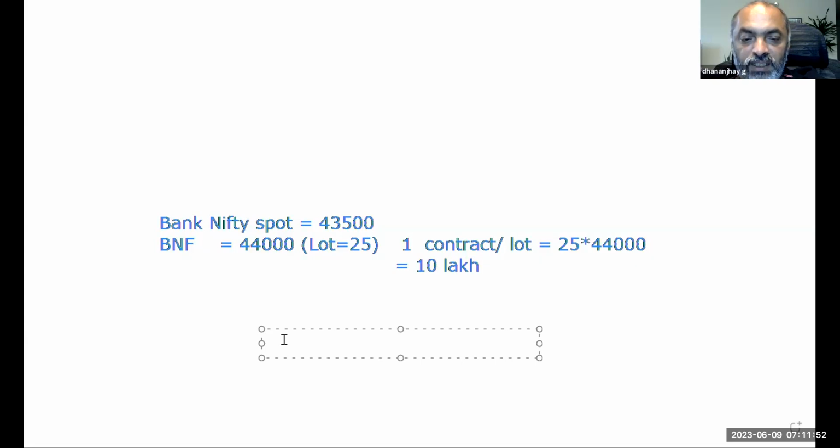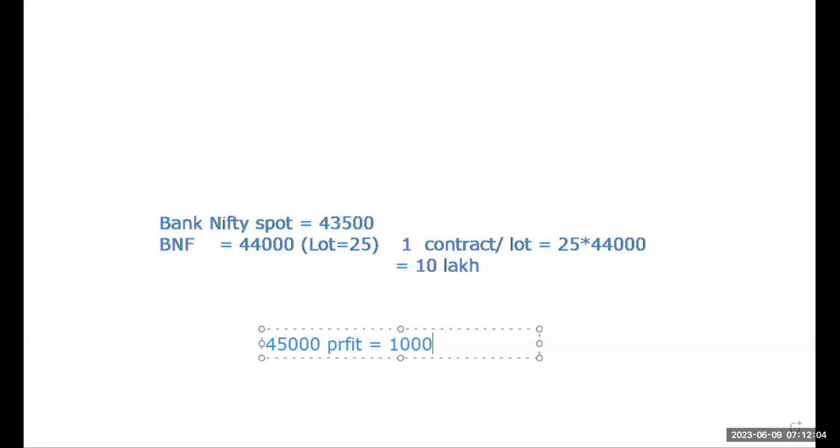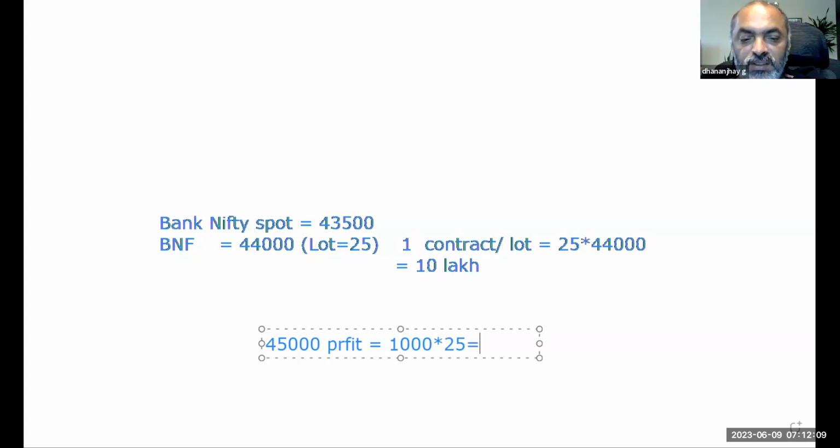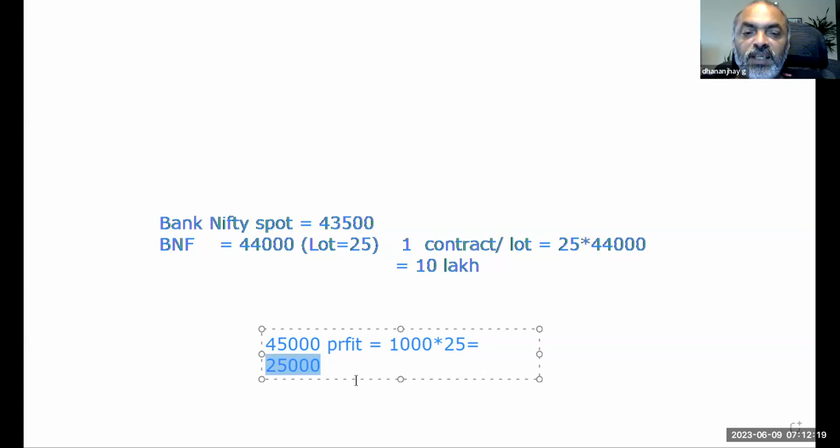See, if Bank Nifty goes up to 45,000, what is the difference? 45,000 minus 44,000, that is 1,000. 1,000 into 25, that is 25,000. So I am not bothered about the spot now, because spot is not being traded. It is only an indicative price.